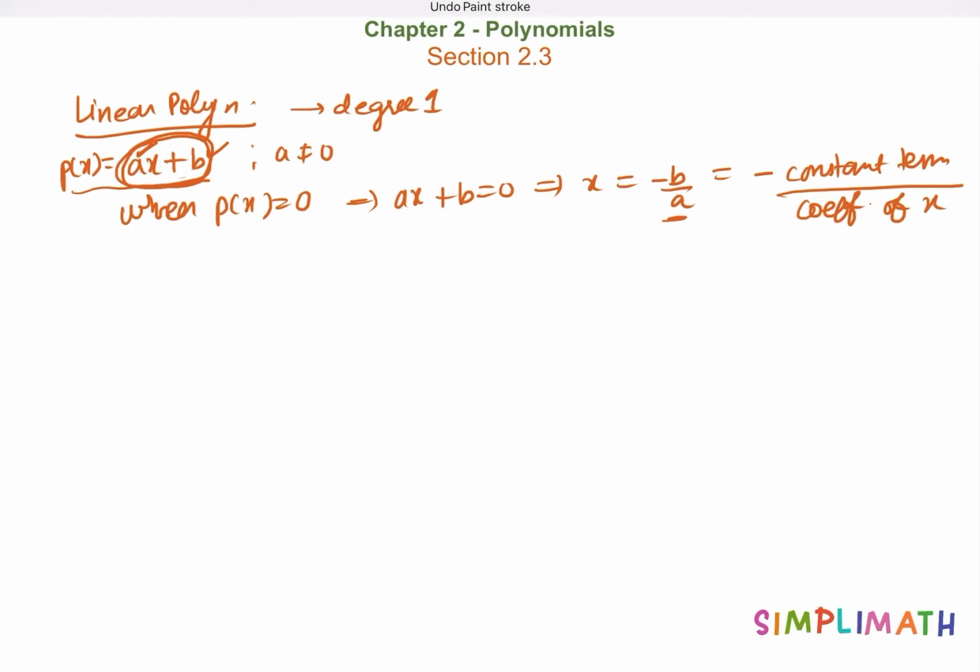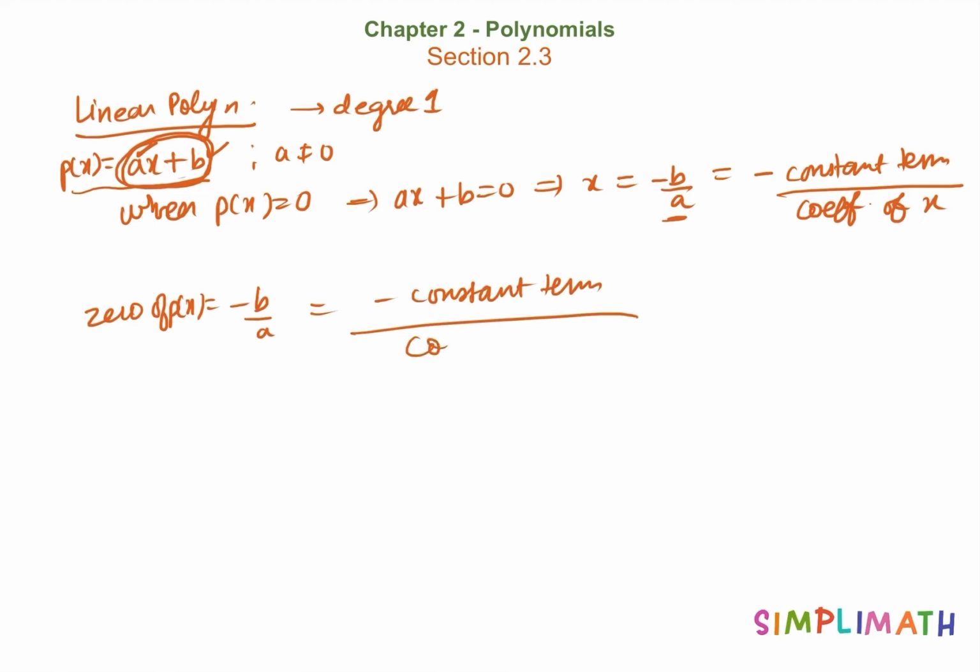So here is the relationship between the 0 of the polynomial and the coefficients of the polynomial: the 0 of p of x is equal to minus of constant term upon coefficient of x.